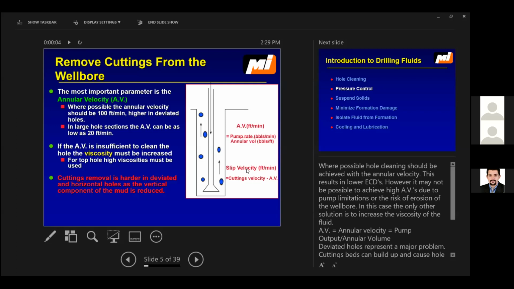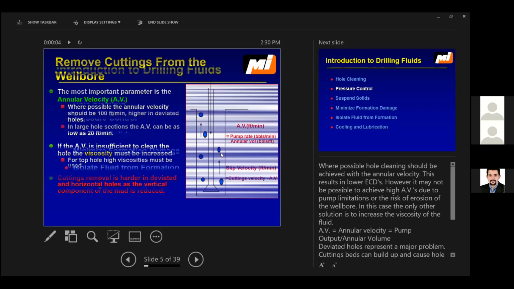That's it. But in deviated holes, you are correlated with other factors: the friction due to the deviation, and the resolution due to the inclination of the well. So it is harder to remove cuttings in deviated and horizontal holes.